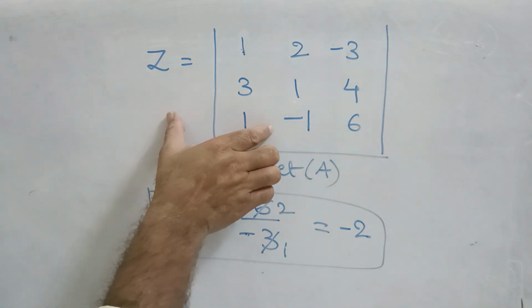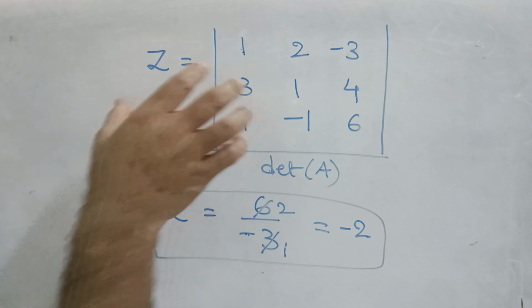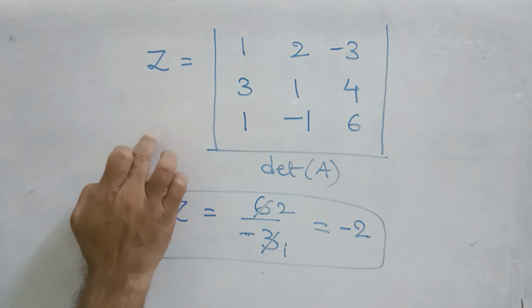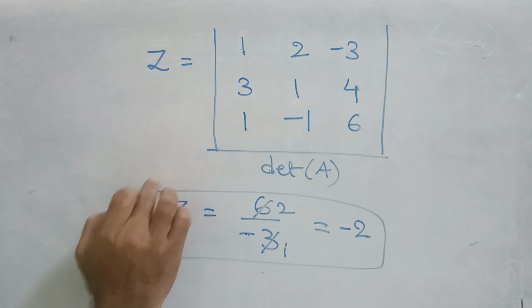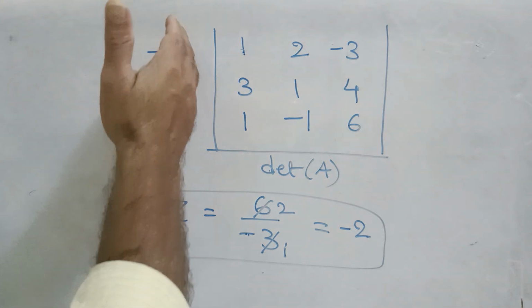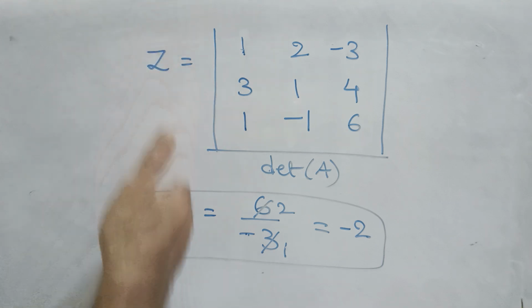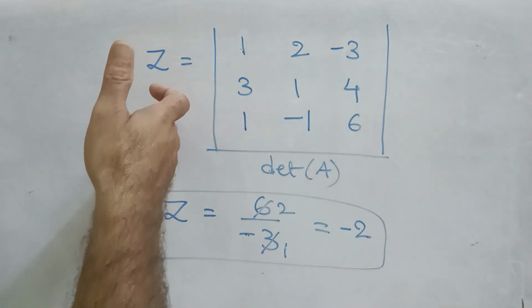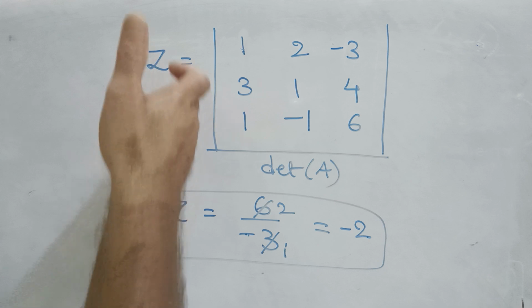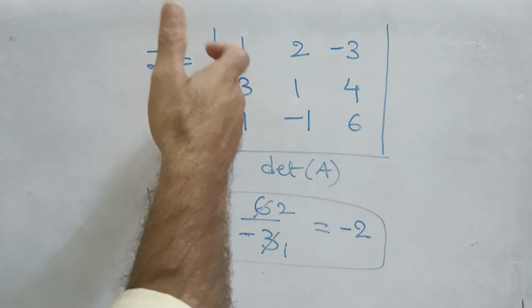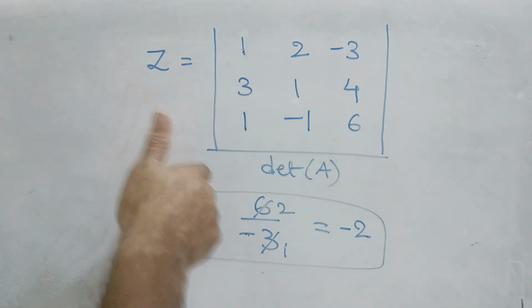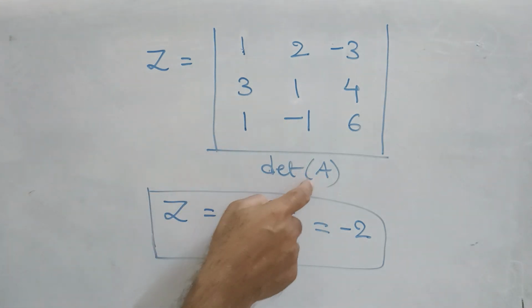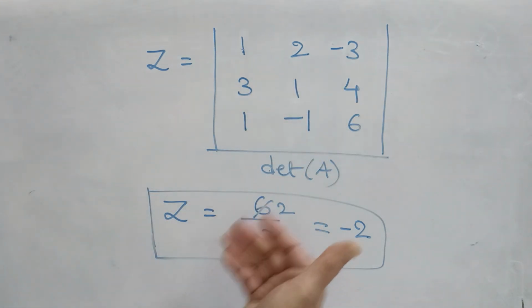From this matrix A, you have to find the determinant first, and afterwards the x value, y value and z value. For the x value, replace the first column with the constants, and keep the second and third columns as they are. Take the determinant of that divided by the determinant of A, and you will get the x value.